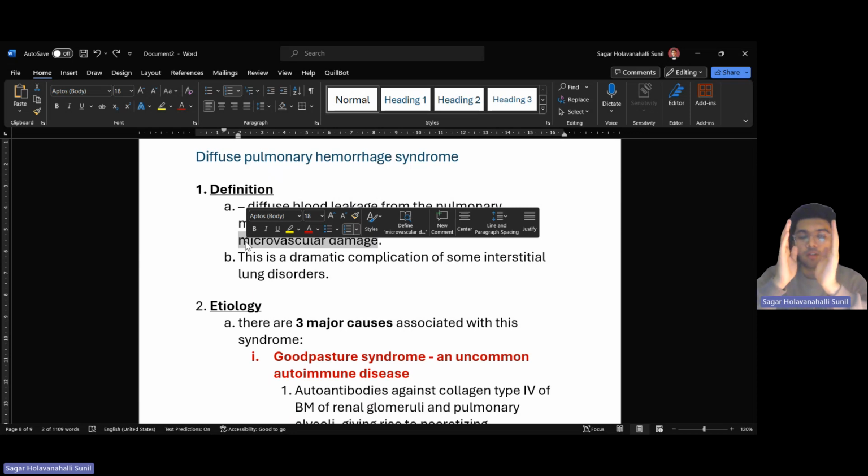So within the septa, let us say that the vasculature is going to get damaged, or let us say that there's some sort of inflammatory reaction, maybe there's a pneumonia, right?